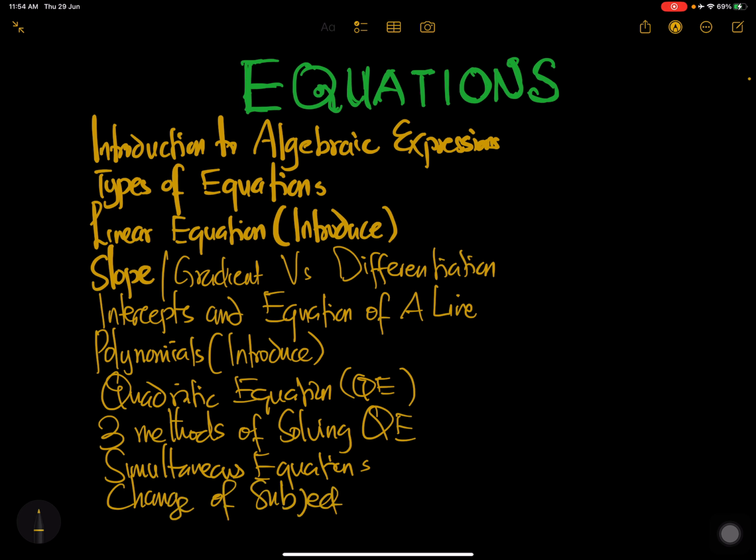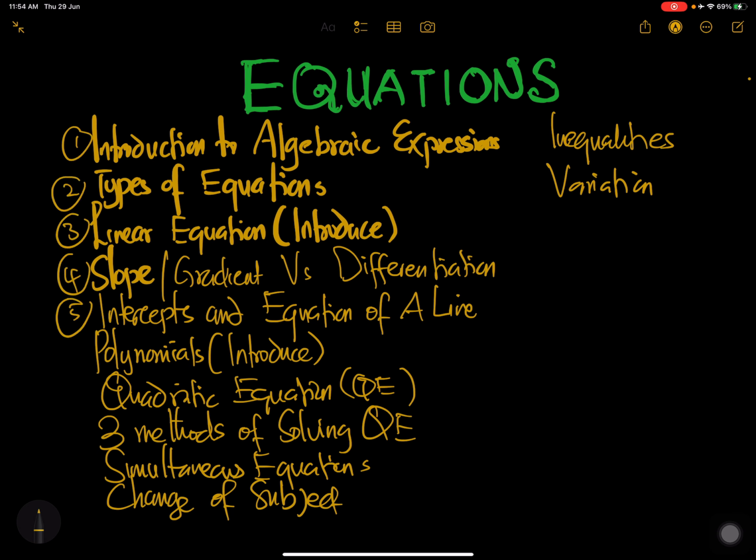And then maybe after the change of subject, we'll look at inequalities, and we'll end the day with variations. I know it looks a lot, but we are going to do it very quickly. We'll touch on everything quickly, and I think everything will look perfect. So these are the things we're going to be looking at in today's video.